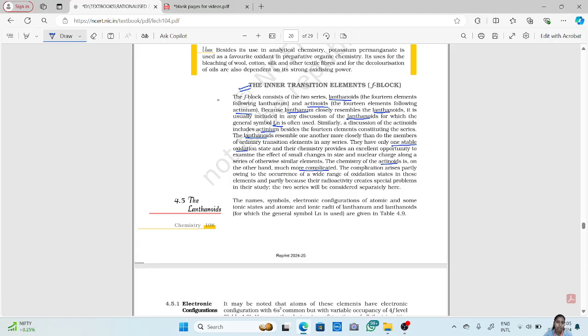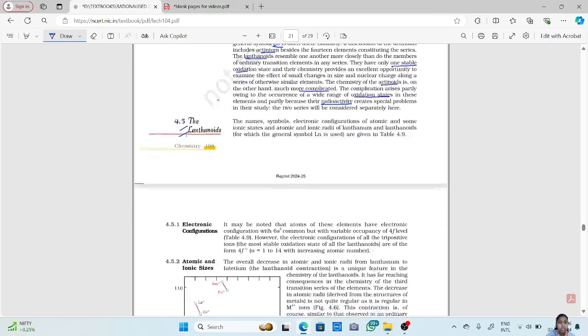Actinides, on the other hand, are complicated, basically because of their wide range of oxidation states and their radioactivity, which creates a lot of problems in studying these elements. Here we will study both series separately. So let's first start with the lanthanide series.